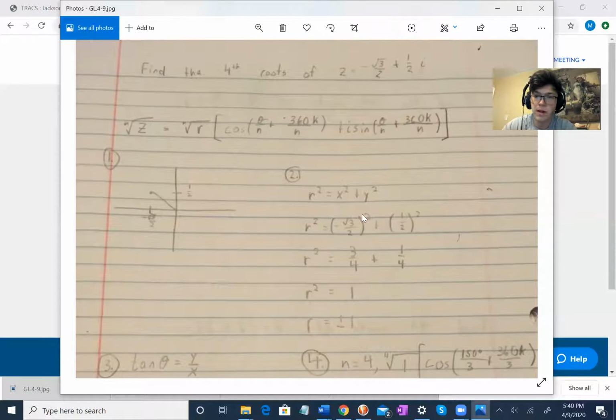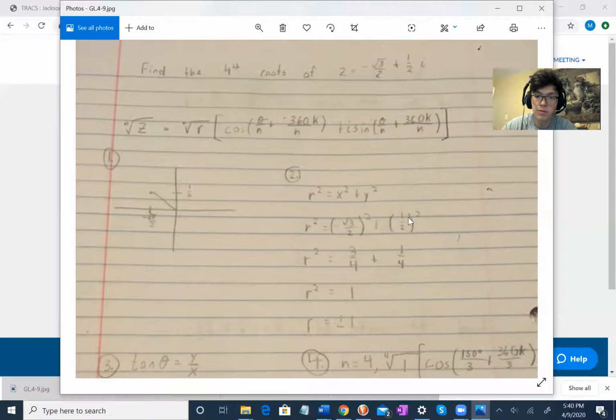When you square fractions, you always square the top and the bottom. So the square root of 3 squared just gets rid of the square root, leaving you with 3, and then 2 squared is 4, right? Squaring top and bottom. The negative goes away because you're squaring. So it leaves you 3/4.